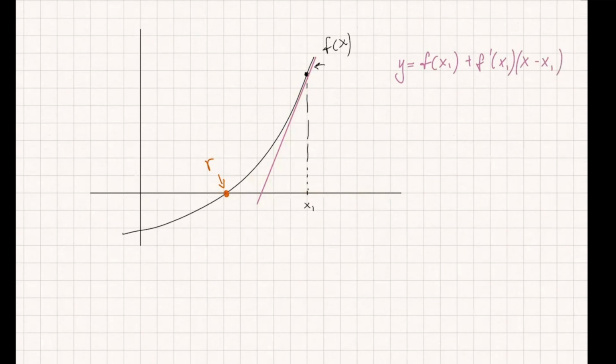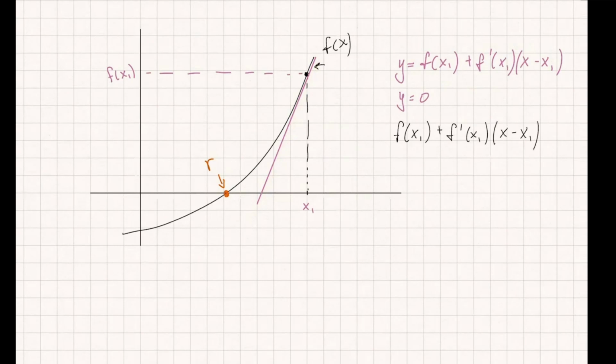So this is my f of x1, and this is my x1. Now to find the root of this line, I need to make my y equal to 0. So what I have here is f of x1 plus f prime of x1 times (x minus x1).